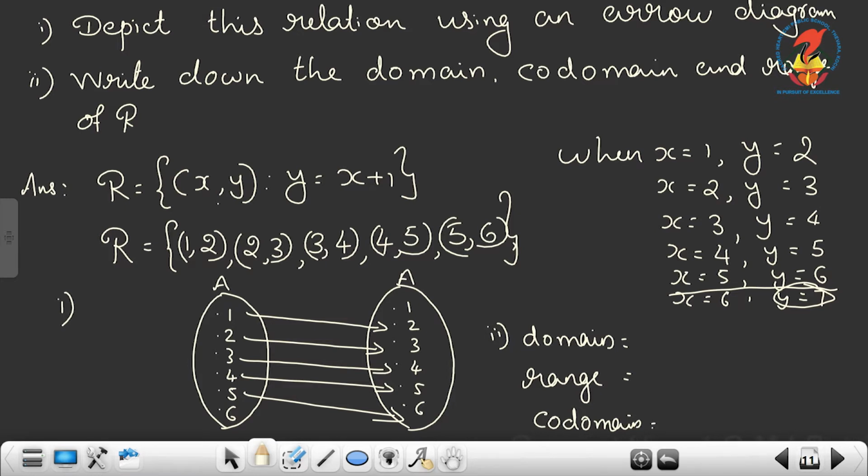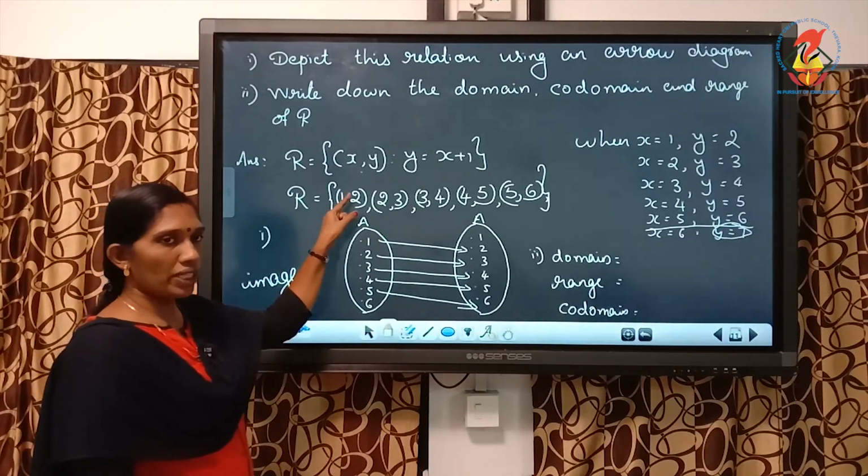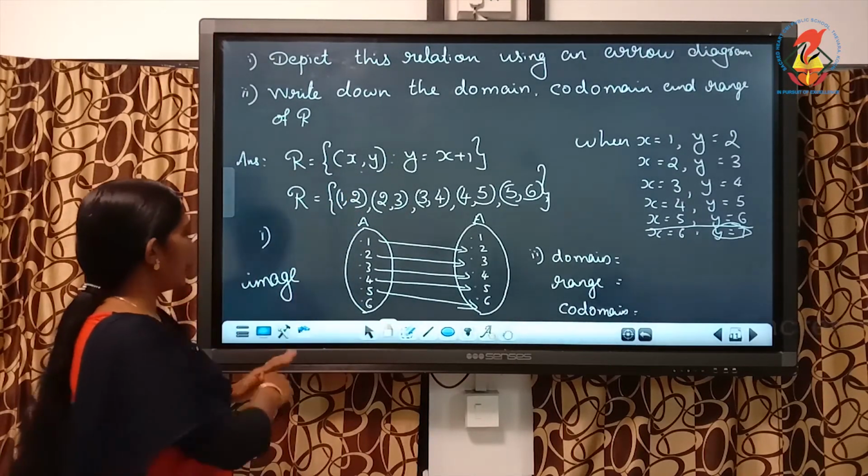Domain means set of all first elements in R. Look at R. In the pair 1, 2, this 2 is known as image. The second element is known as the image of the first element.